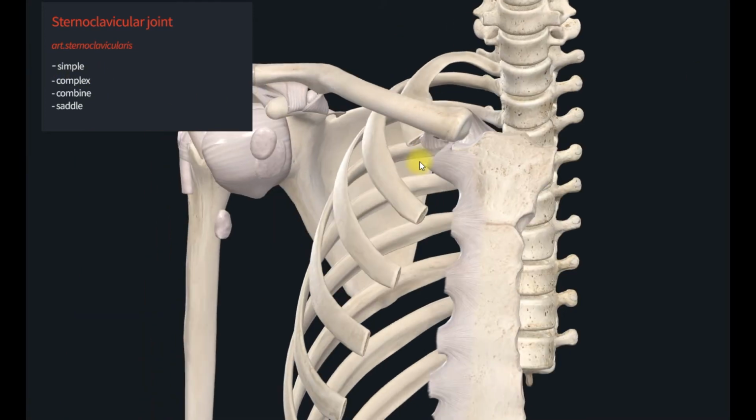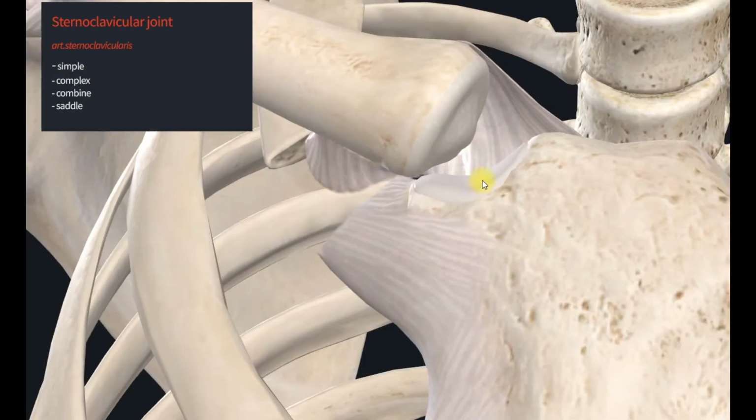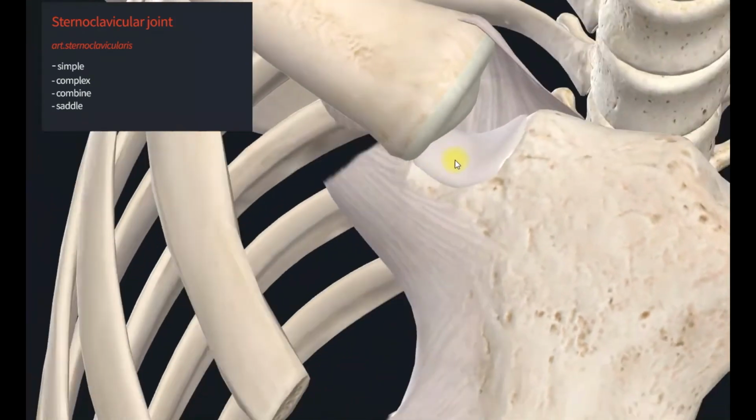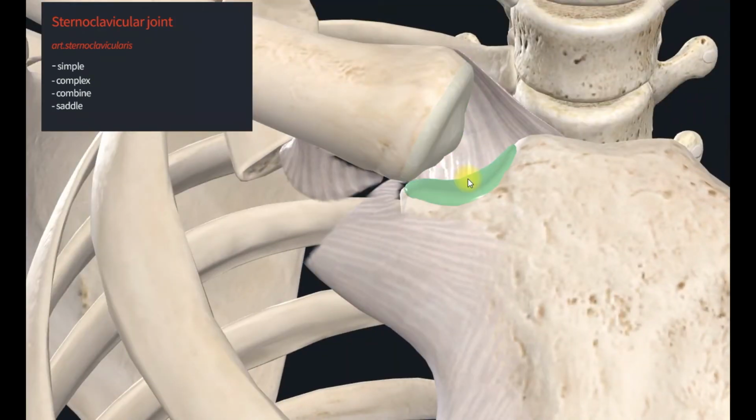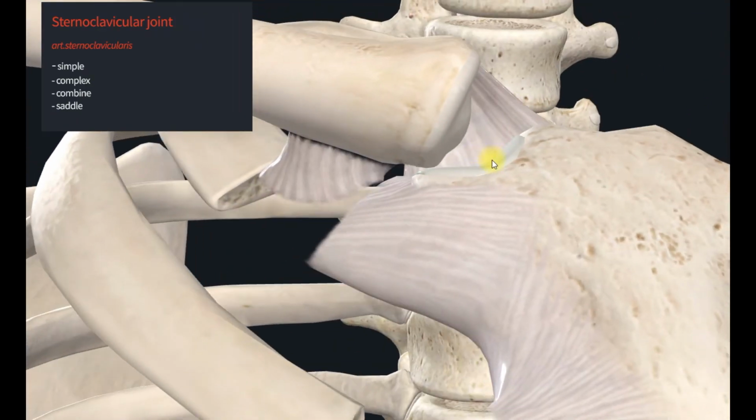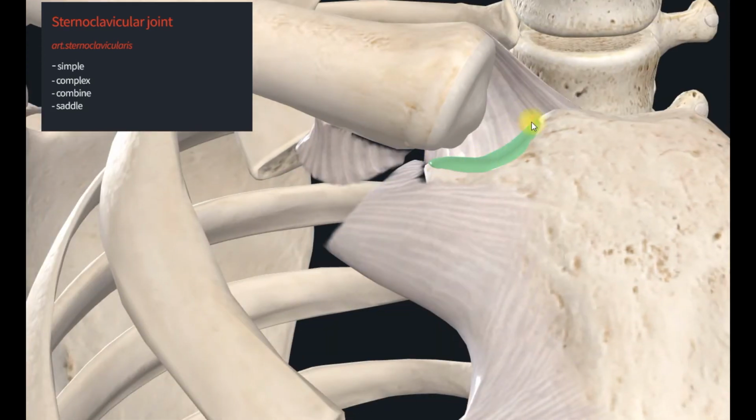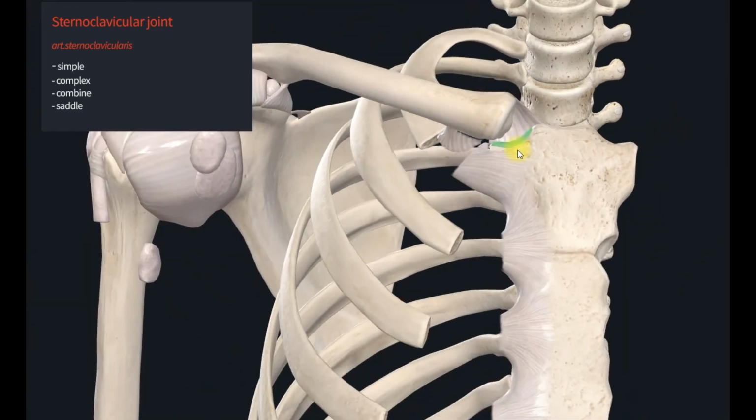Under the fibrous capsule you will see the two articular surfaces covered by cartilage, and you can see the articular disc inside the joint, which divides the cavity into two separate synovial cavities between the sternum and clavicular surfaces.